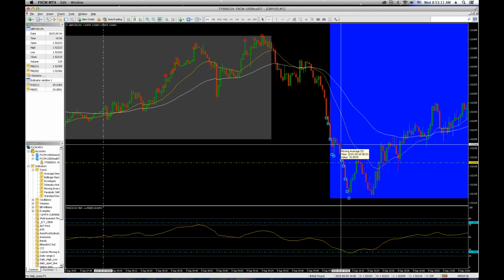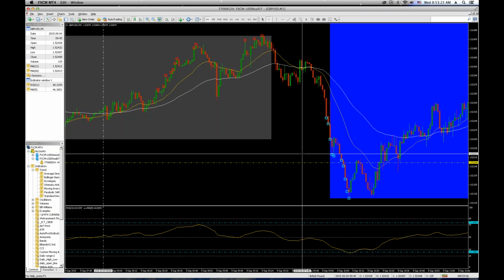So the RSI is a 21. I can't remember what it was on the other time frame.